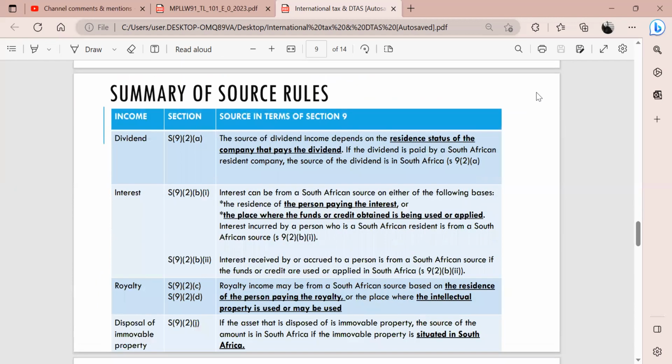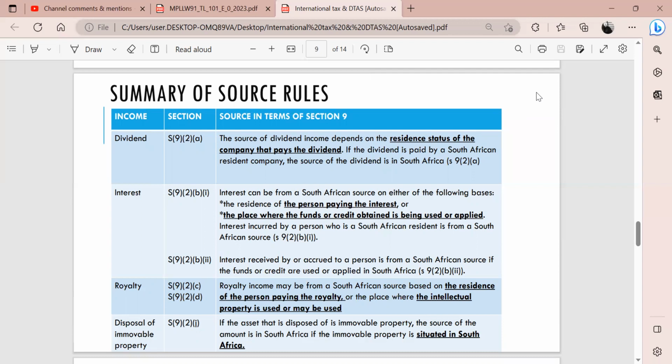Now, I've tried to summarize the source rules in terms of Section 9. Let's take a look at the summary. Now, for dividend income, Section 9(2)(a) states that the source of dividend income depends on the resident status of the company that pays the dividend.